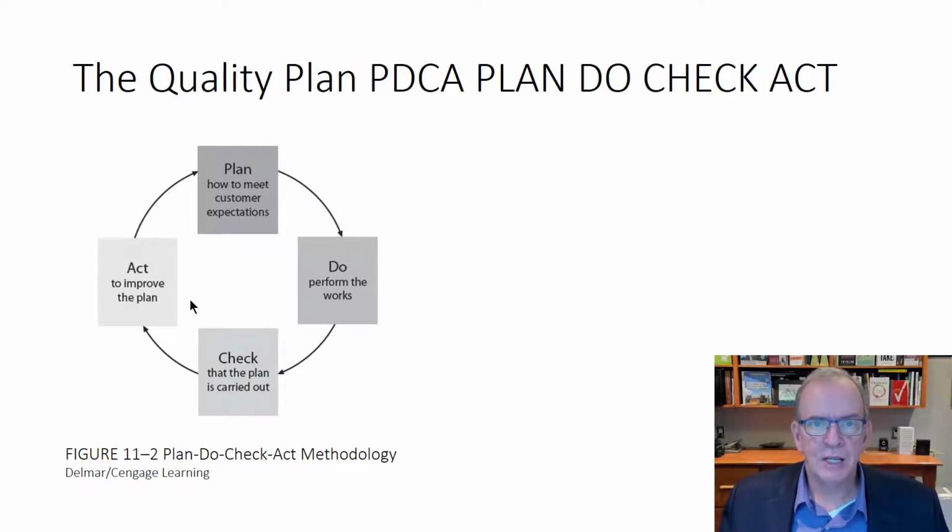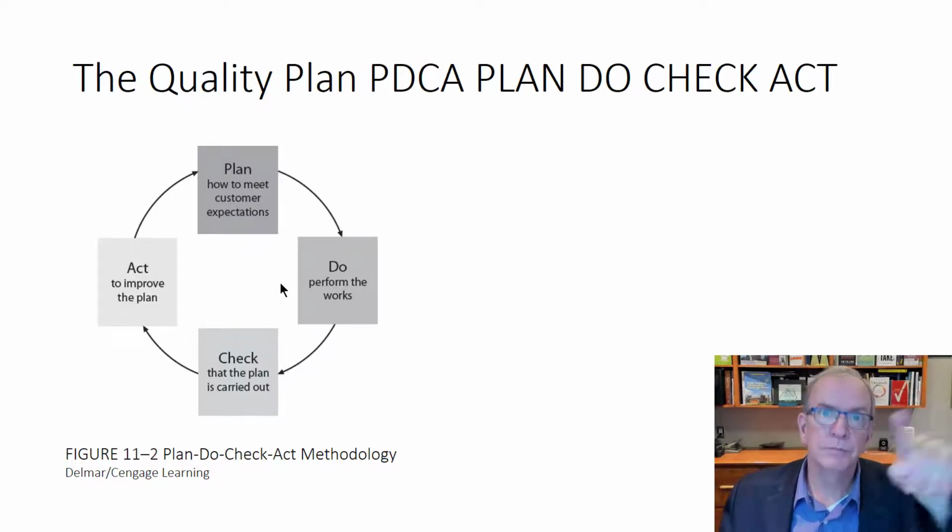The S is study instead of check. So we plan how to meet the customer's expectation. We do the quality assurance program. We perform the work, and then we do the quality control program, checking how it is being carried out and whether it is working. Then we look at how we can improve this process, how we can do this better, and that's the acting. Once you've gone through it, you start going back. It's a continuous cycle, and that's continuous improvement.